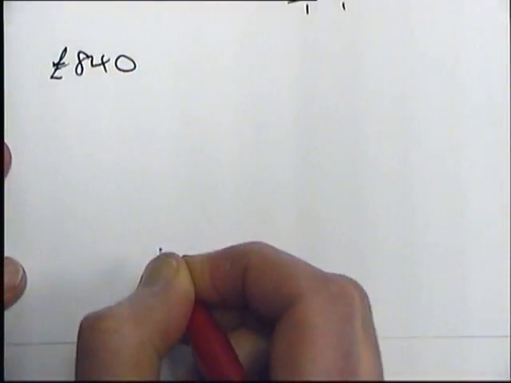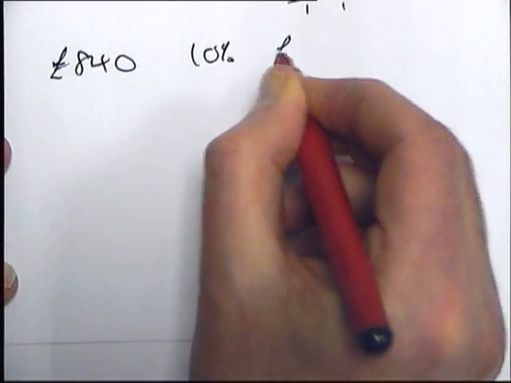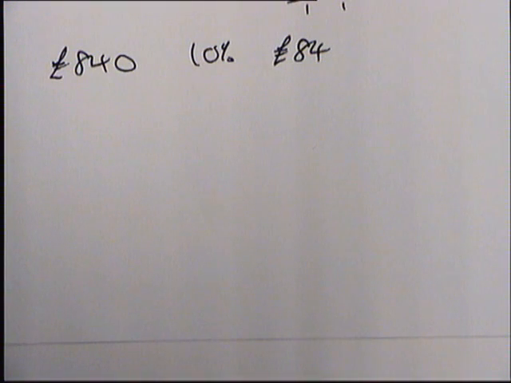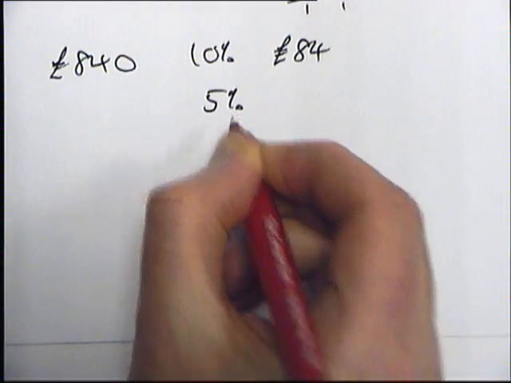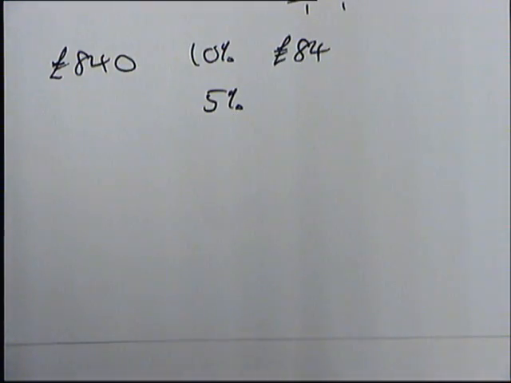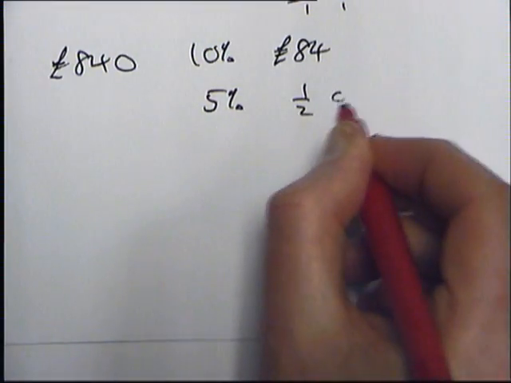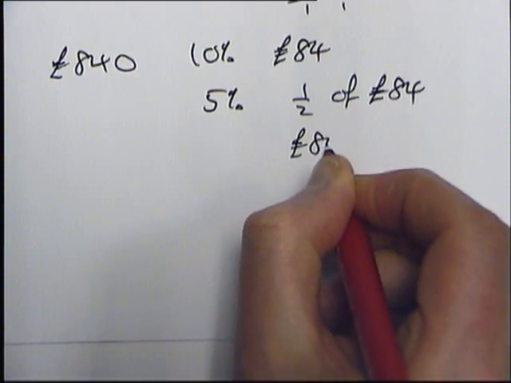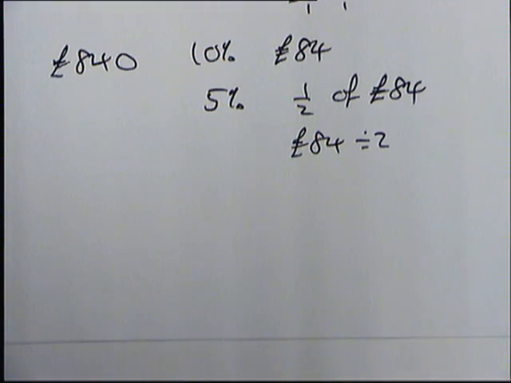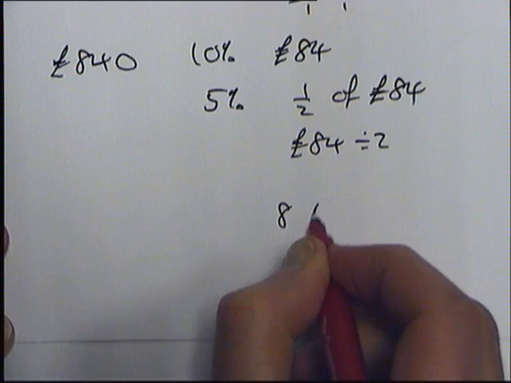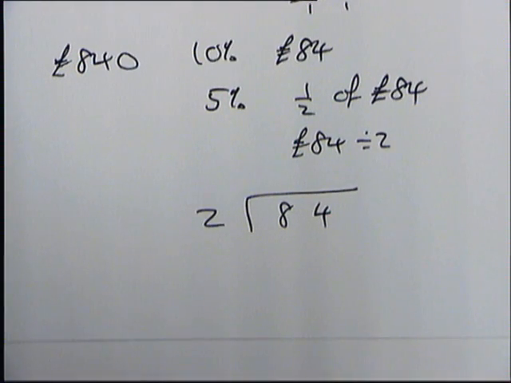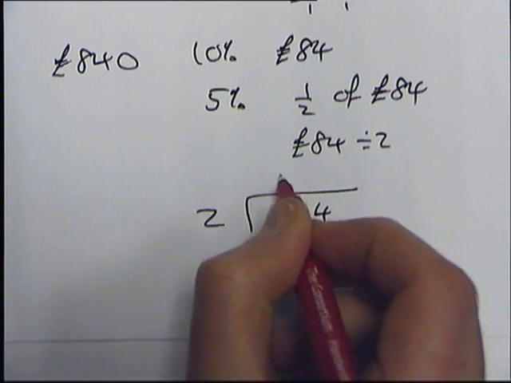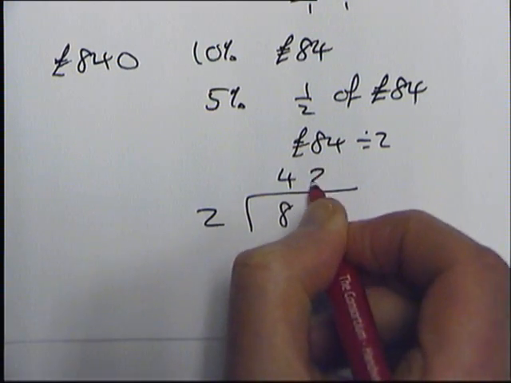Okay, let's start again with that £840. And we know that 10% is £84. As well as going up to 20% and 30%, I can also work out 5% very easily, because 5 is half of 10. So what I need now is to work out half of £84. And half of something is the same as dividing by 2. So I need to do £84 divided by 2. As an old-fashioned dividing sum, 2 goes into 8 4 times, 2 goes into 4 twice.